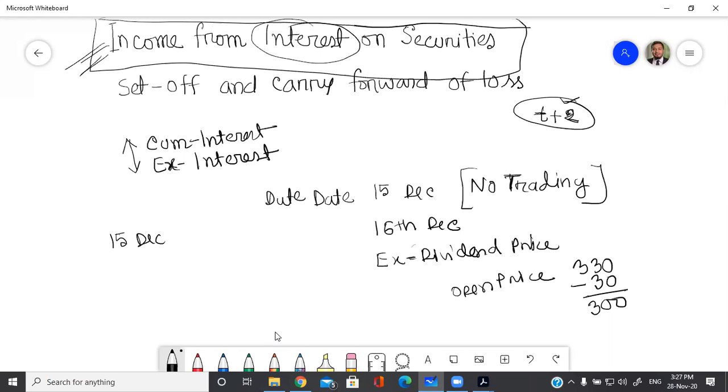So if you understand cum dividend and ex dividend, you will immediately understand that if anyone buys interest bearing securities on which interest becomes due on 15 December, he will be entitled to receive the interest income if he has the securities in his account before this date.